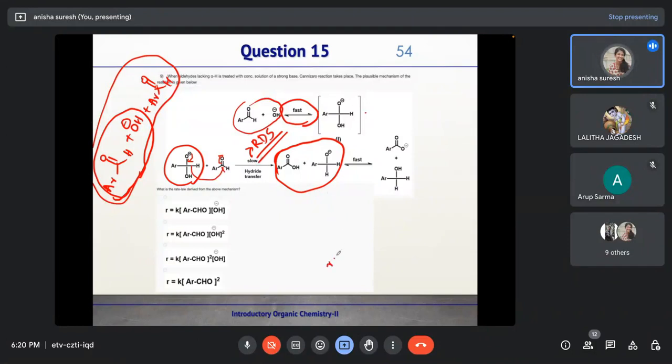So R equals K into the concentration of the starting materials. Two molecules of ArCHO will be there, so we will mention the coefficient in power, and OH minus will be there. That will be 1. So the right option will be option number 3.